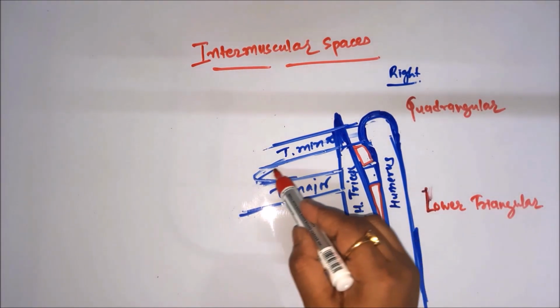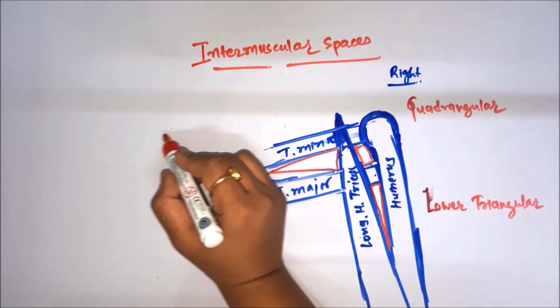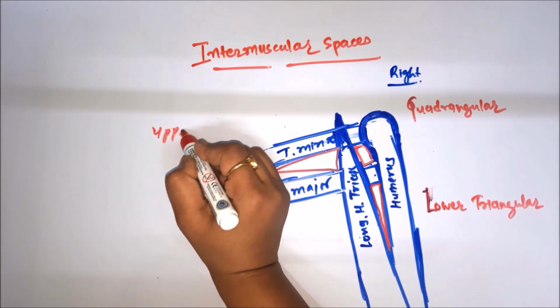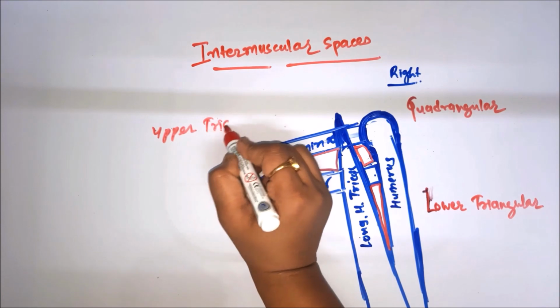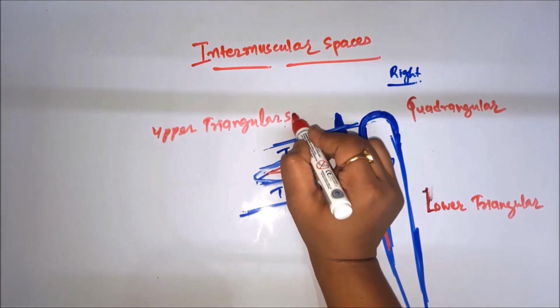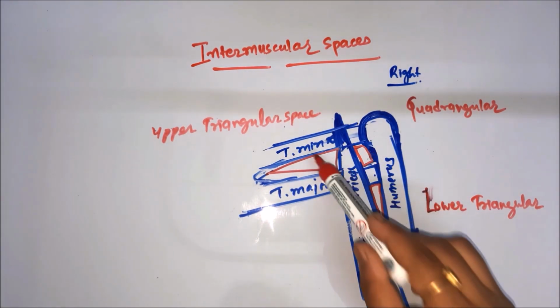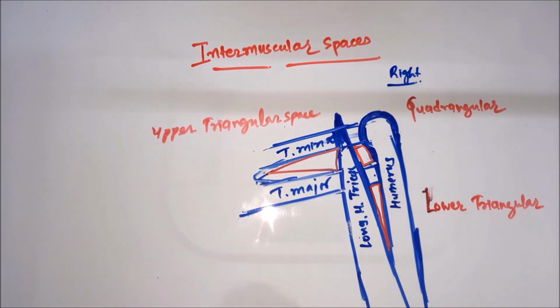And this space, we can see, is the upper triangular space. So this is quadrangular, this is lower triangular, and this one is the upper triangular space.